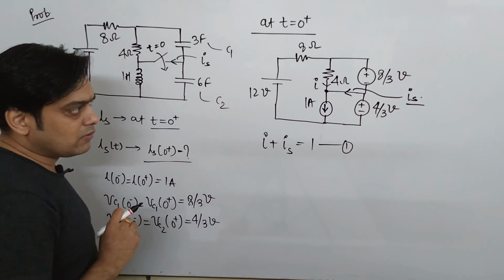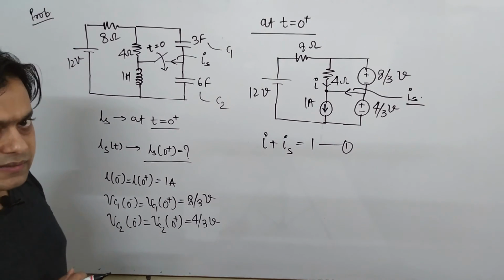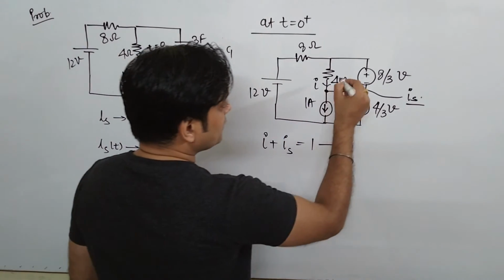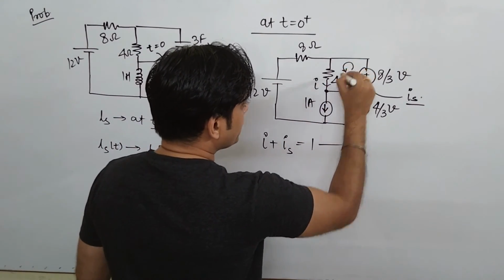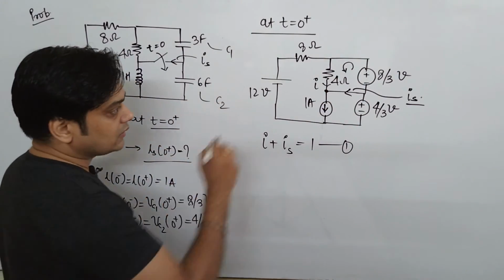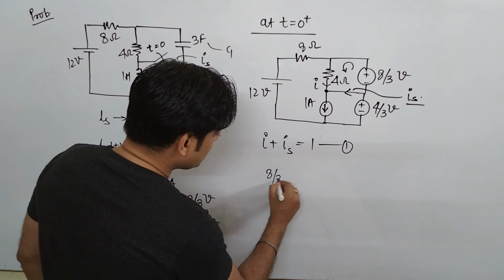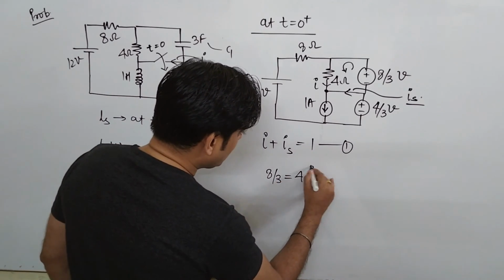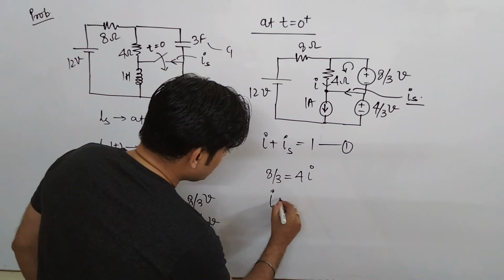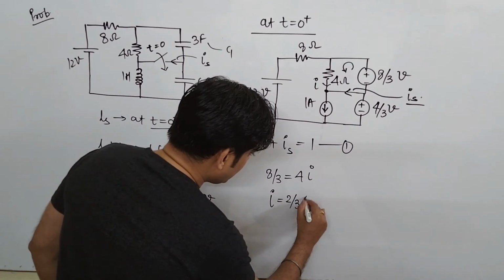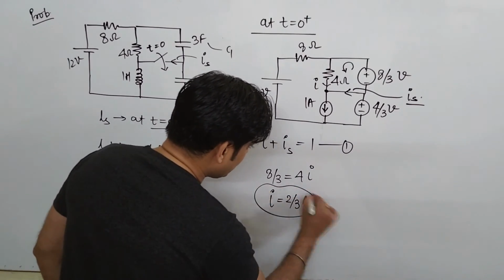Once you know the value of I, you can find the value of Is. So for finding the value of I, I apply a loop here. That will be 8 upon 3 equal to 4 of I, and from here the value of I comes to be 2/3 ampere.